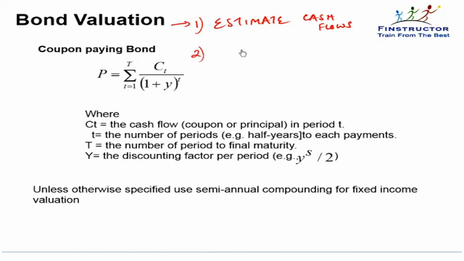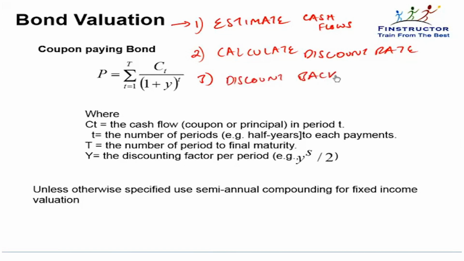The second step is to estimate a discount rate or calculate the discount rate that is applicable to those cash flows. And the third step is to actually discount the cash flows back and calculate the price of the bond.